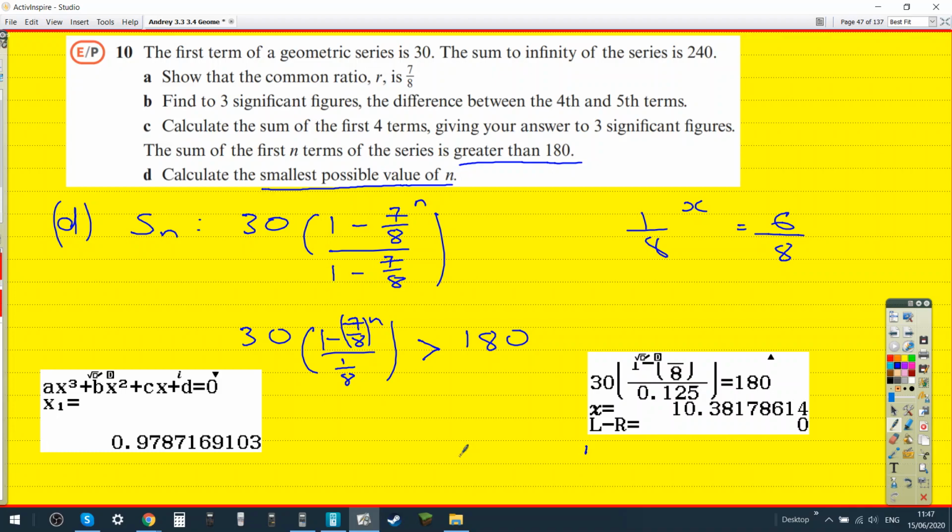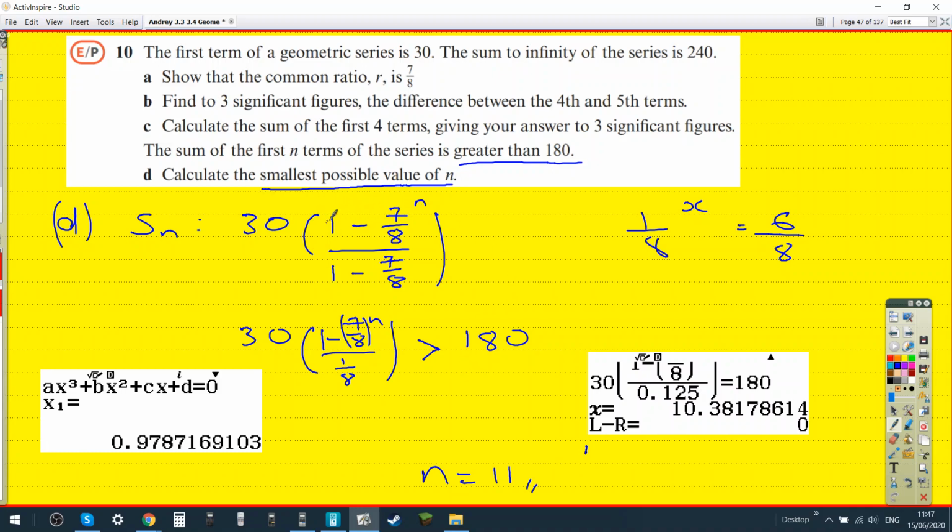So the term is like the 10 and a half term. No such thing. Oh, is the smallest value of n 10? Too small. It wouldn't be greater than, it'd be slightly less than 180 at that point. 11? Yep. For these, you always have to round up. N is 11. That's it.